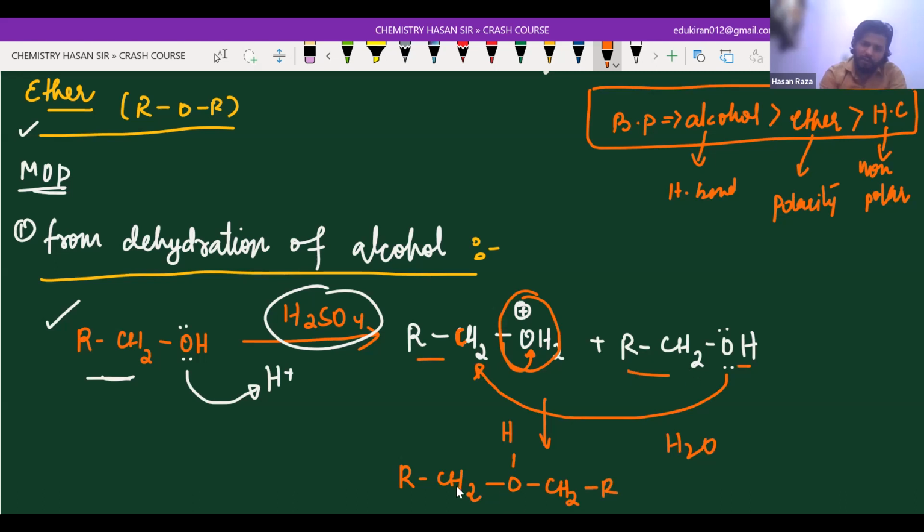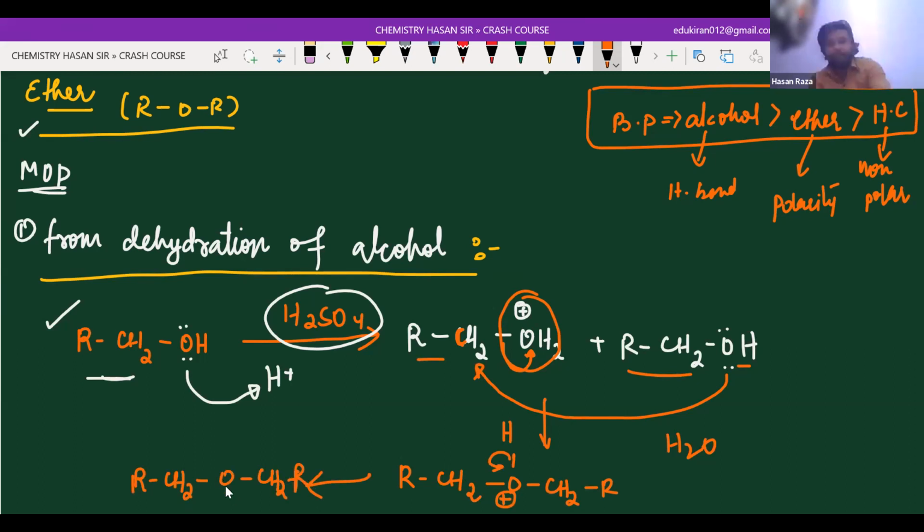Since oxygen donated, it will have positive charge. Again, in order to stabilize itself, oxygen will take electron from hydrogen and release the proton. And you can see this is how we get an ether. Is that clear?